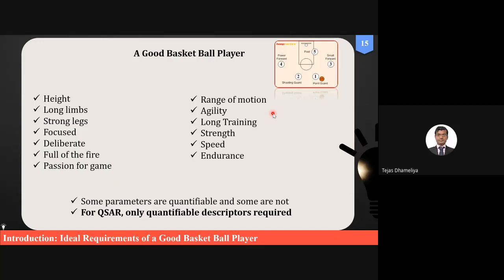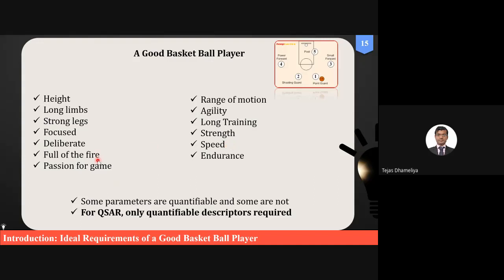Some of the parameters we can calculate, and some we cannot. For example, I can measure the speed. I ask candidates to have a running race of 100 meters, 500 meters, and I can estimate this parameter.